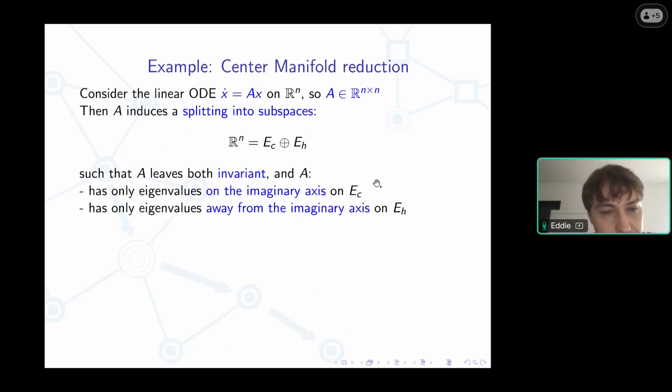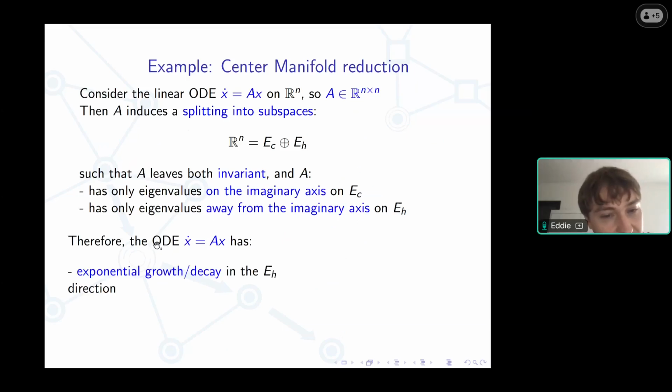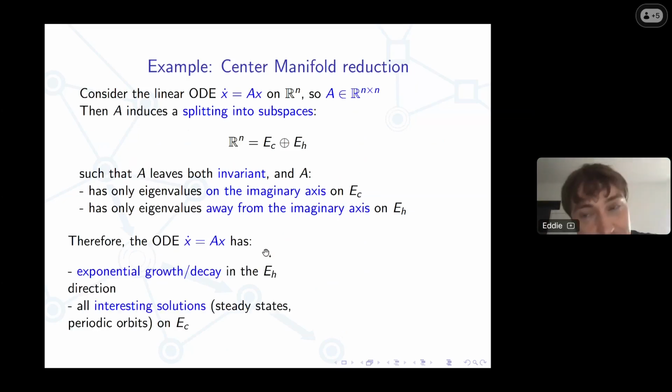When you consider that splitting, essentially what you're saying is that the ODE x dot is A x has just boring exponential growth or decay in the EH direction, and all the interesting solutions, so any additional steady states or families of steady states or families of periodic orbits, if they exist, would all be on EC.